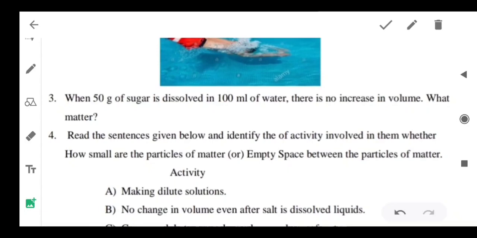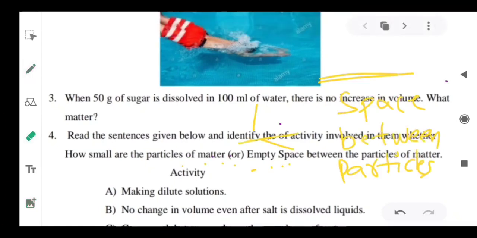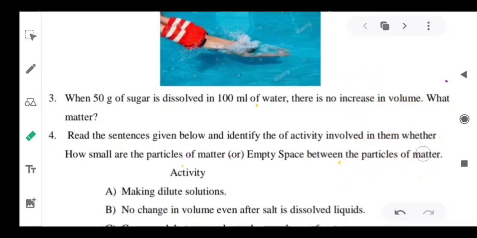In a beaker we are adding 100 ml of water and 50 grams of sugar, but there is no change in the volume. We already explained it with an activity. There is no increase in volume because there is space between the particles.